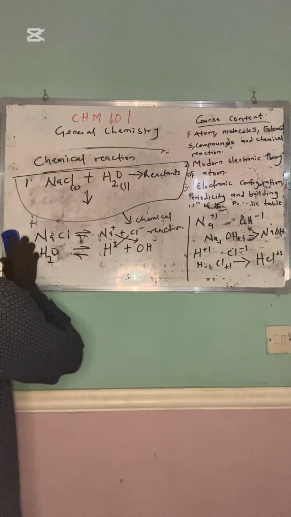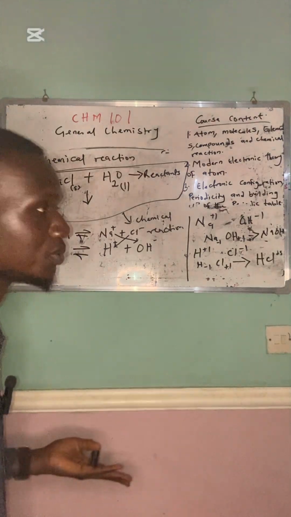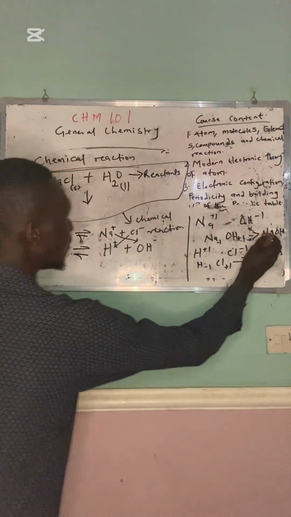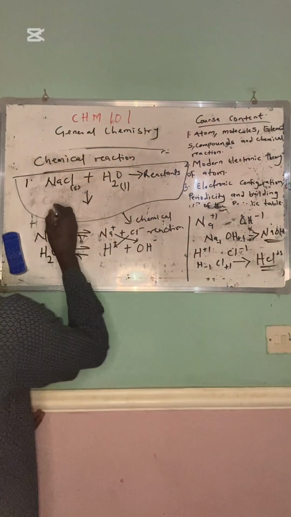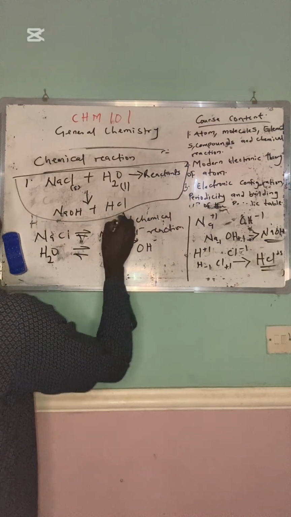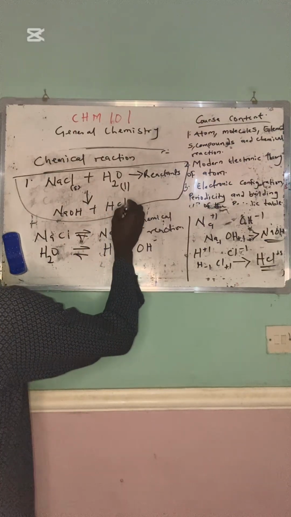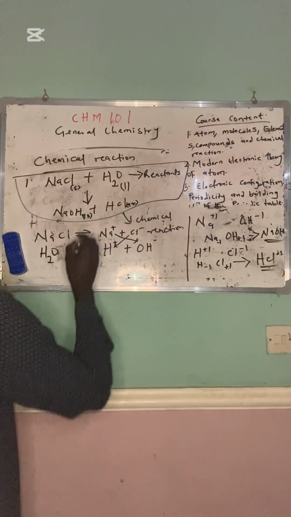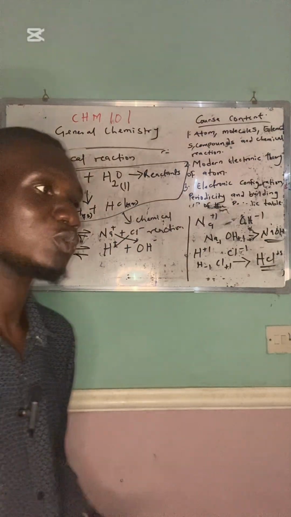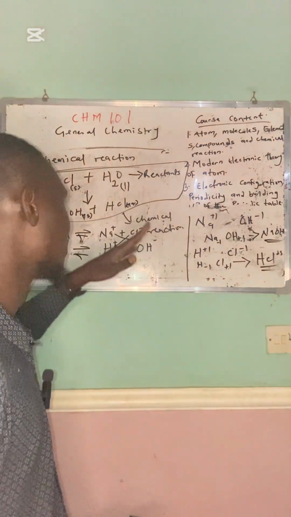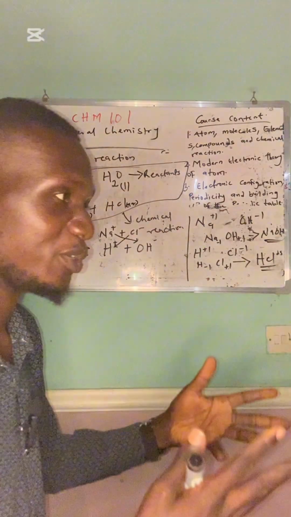Something new, new substances of this and this. So you have sodium hydroxide plus HCl. We'll talk about this because the states also are very important in chemical reaction. We'll do that when we get to chemical equations, and talk about the state of each and why it's very important.